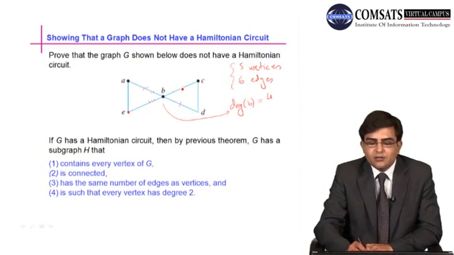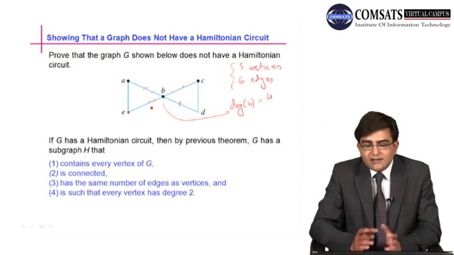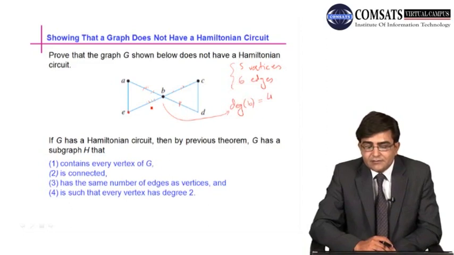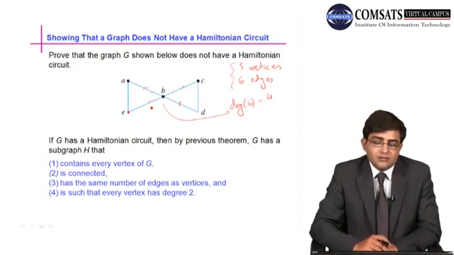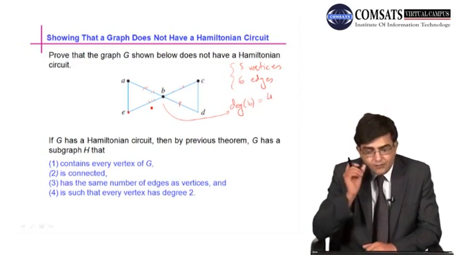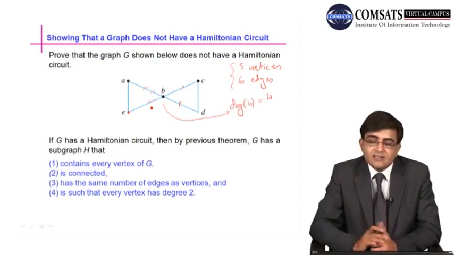So we cannot remove any of these 4 edges, otherwise the graph will be disconnected if we remove these two or these two. So there doesn't exist any subgraph of this graph in which every vertex has degree 2. So we can also say that this graph doesn't have any Hamiltonian circuit.